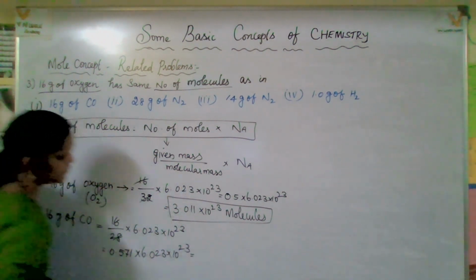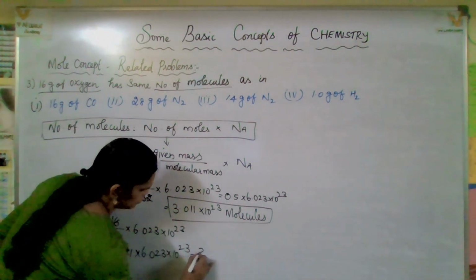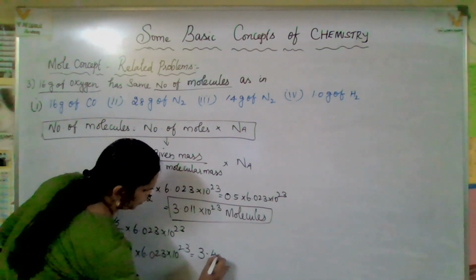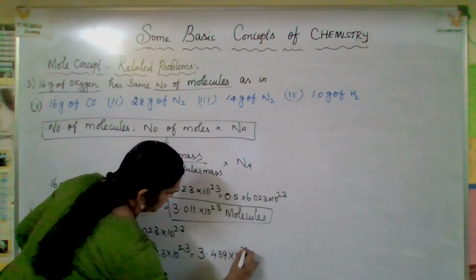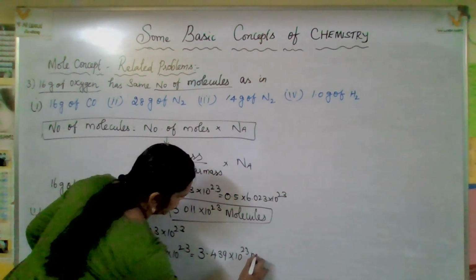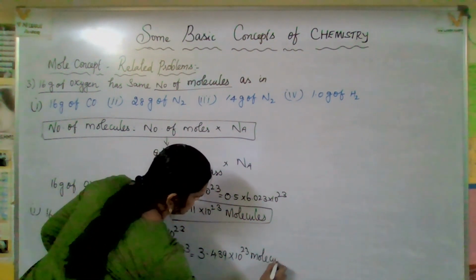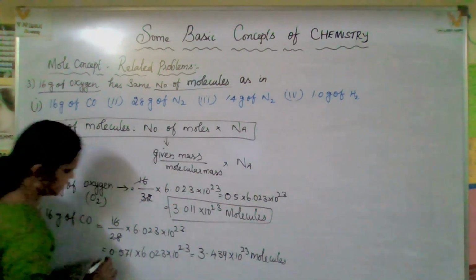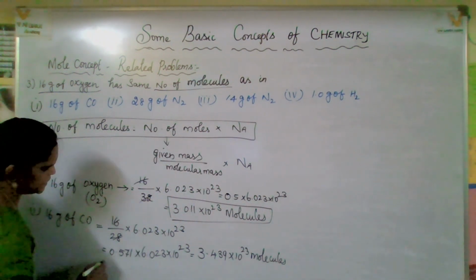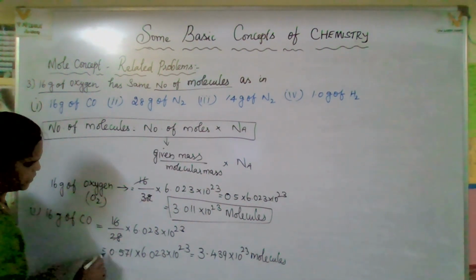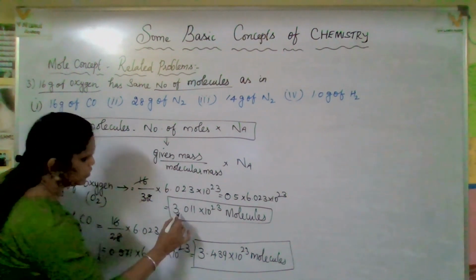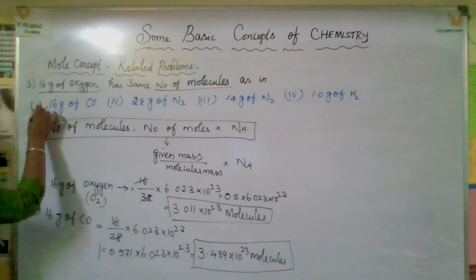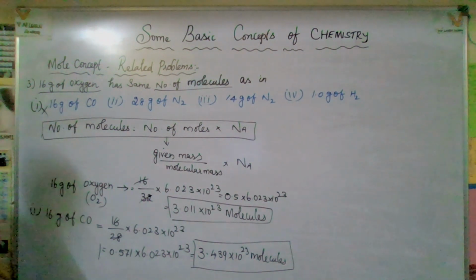So what is the answer you will get? 3.439 into 10 to the power of 23 molecules. Check whether it is correct or not, but it will not be similar, right? Okay, so this answer is not similar to this. So the first option will not have the same number of molecules.